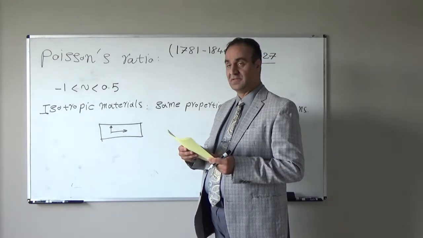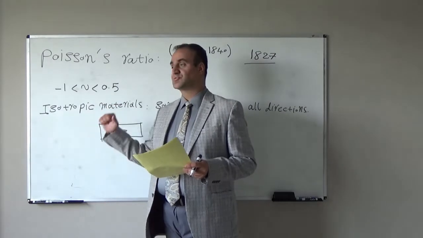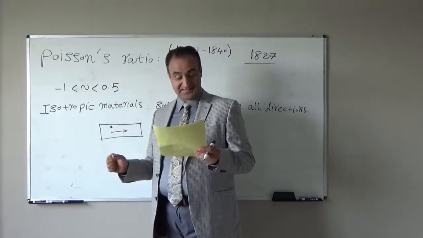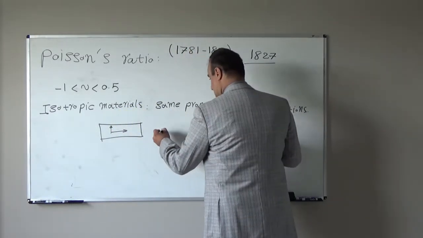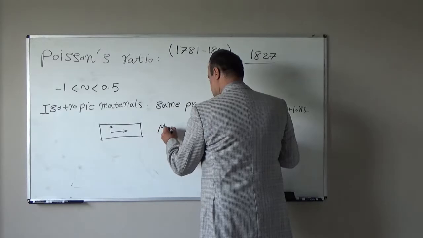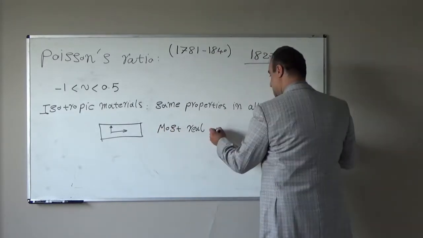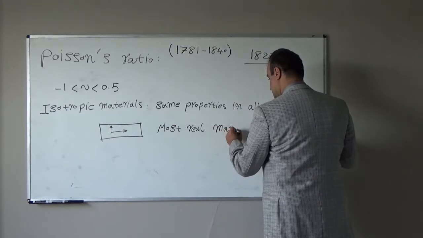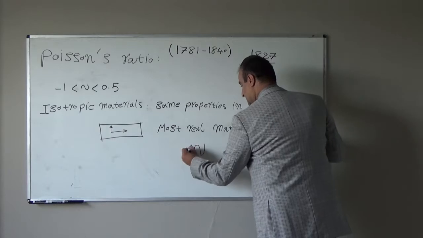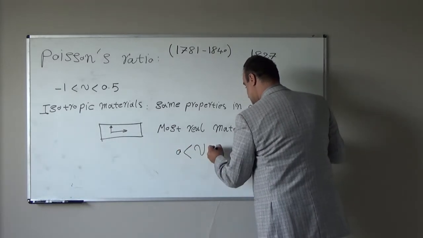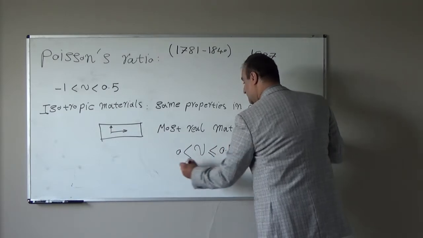The theoretical value for Poisson ratio for isotropic elastic material is in this range, but for most real engineering material, Poisson ratio is greater than 0 and smaller than or equal to 0.5.